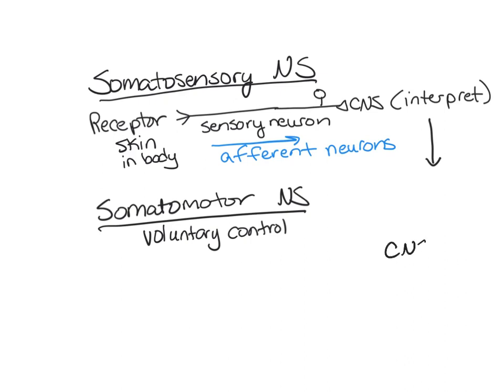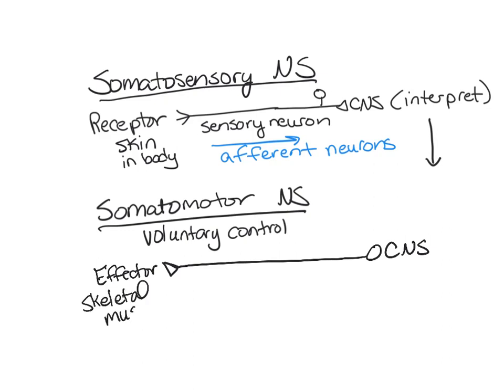So here we see the central nervous system sending information to an effector, and in the case of the somatomotor nervous system, the effector will always be a skeletal muscle. This here is a multipolar neuron, because we know that multipolar neurons are motor, usually.